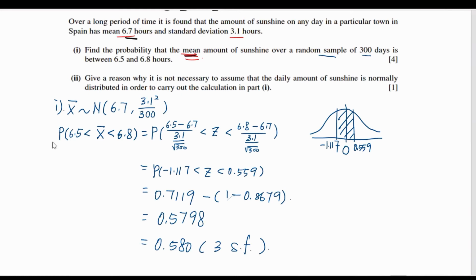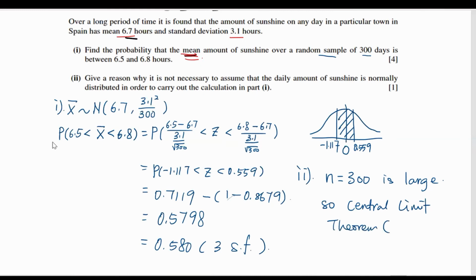So now we look at part 2. Give a reason why it is not necessary to assume that the daily amount of sunshine is normally distributed in order to carry out the calculation in part 1. Okay, as you check, the sample size is 300. So this is considered large. When the sample size is large, we recall the central limit theorem, which can be written as CLT, can be applied.